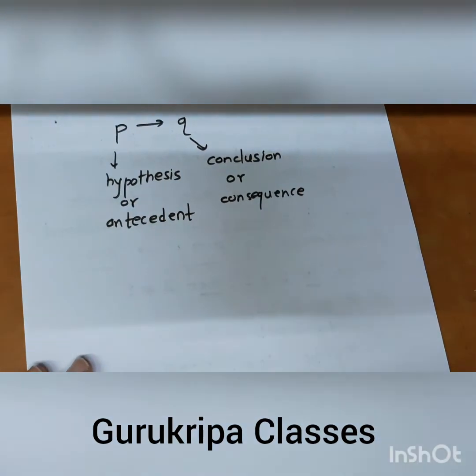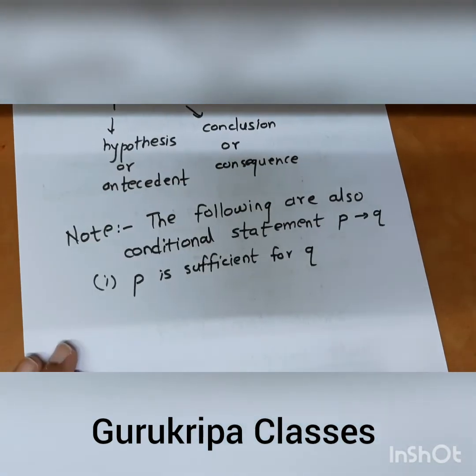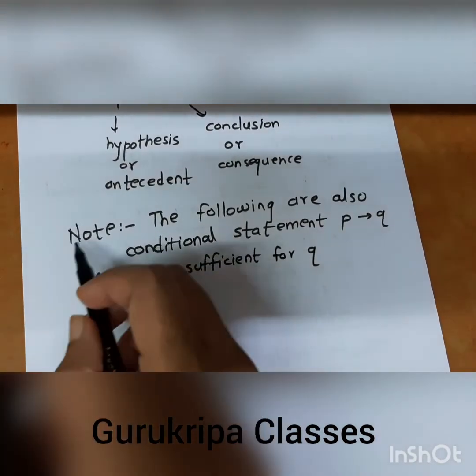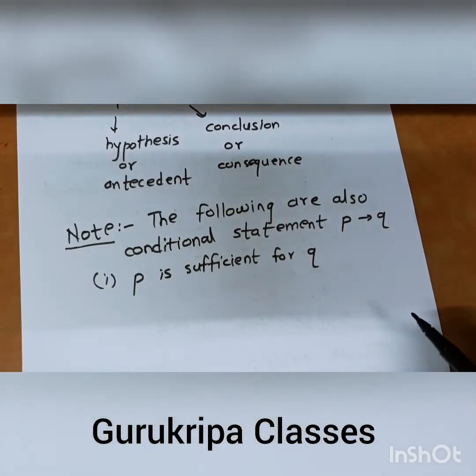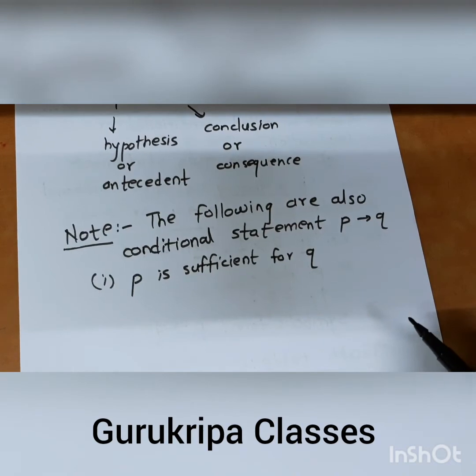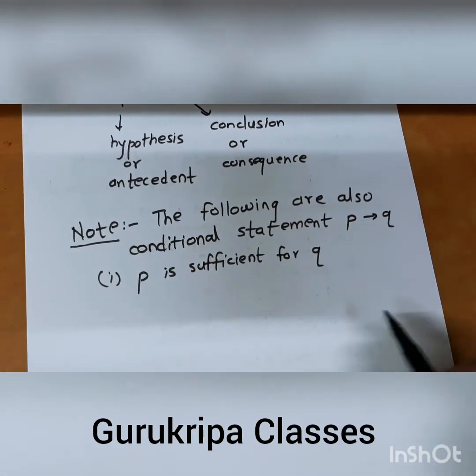I am writing one more note for this. Note that the following are also conditional statements. P implies Q. Some other wordings can also be used for this conditional statement.